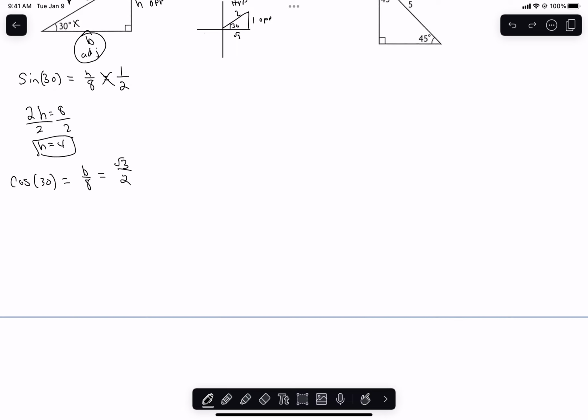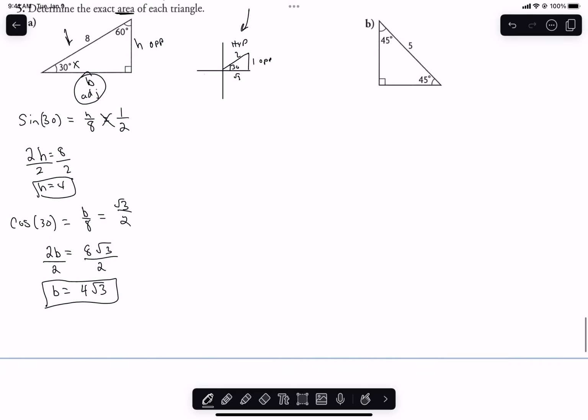So I'm going to get 2b is going to equal 8 root 3. And then to get b, I'm going to divide by 2, and so b is going to equal 4 root 3. If I'm after finding the area now, I now know h and b. I'll do this in a separate color.